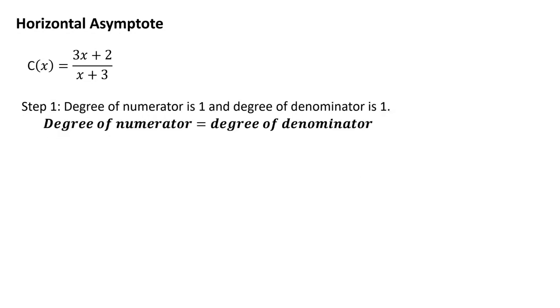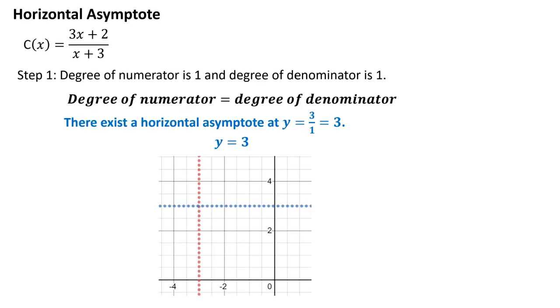If we see here, the degree of the numerator is 1. We don't write the 1. And then the degree of the denominator is also 1. So it gives us this case. When the degree of the numerator is equal to the degree of the denominator, we have the fraction of the leading coefficient of the numerator, which in our case is 3, divided by the leading coefficient of the denominator, which in our case is 1.